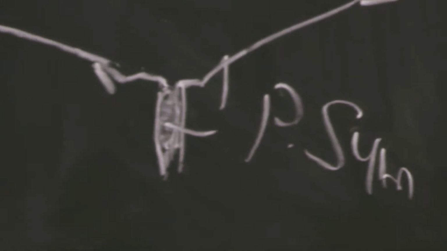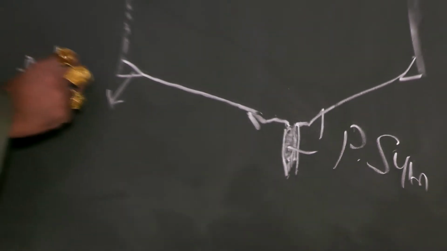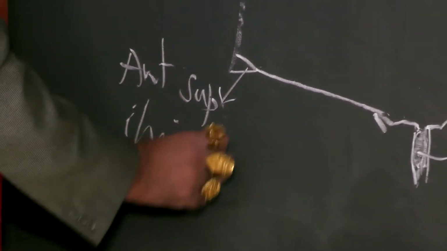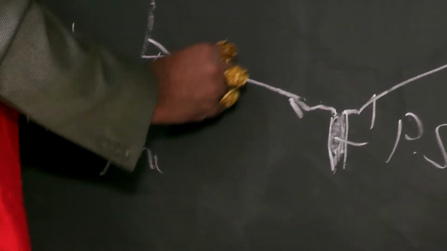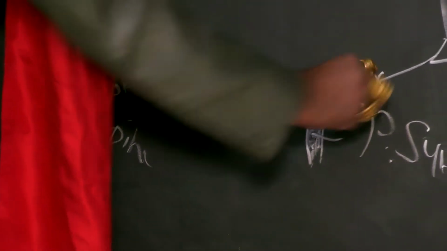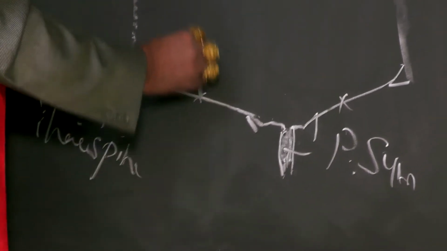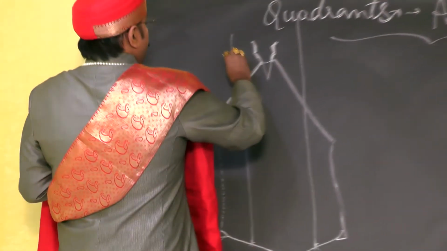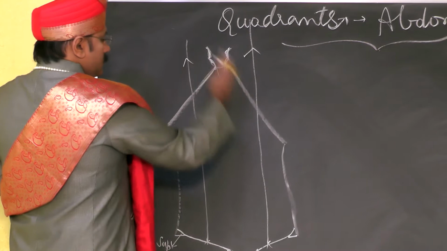If you take the midpoint between the pubic symphysis and the anterior superior iliac spine, both on the right side and the left side, and draw a vertical line going up, then you get the vertical planes.